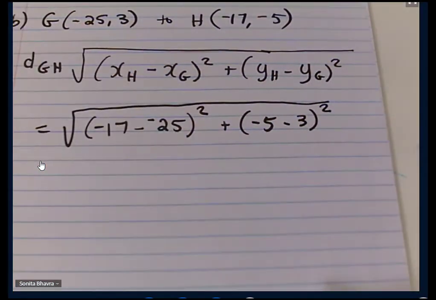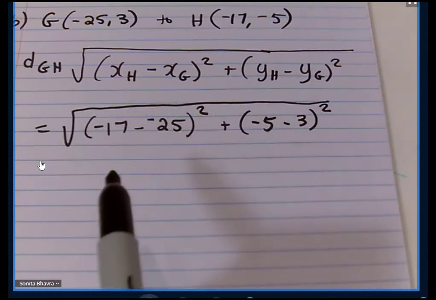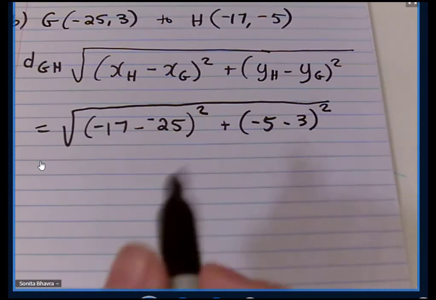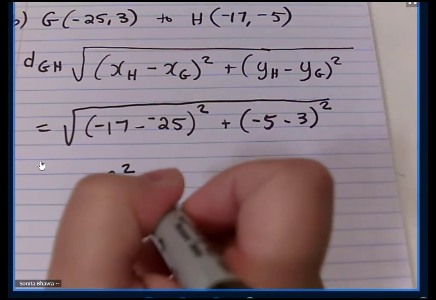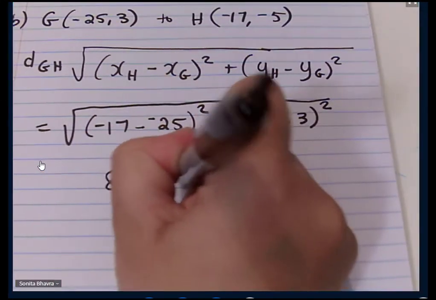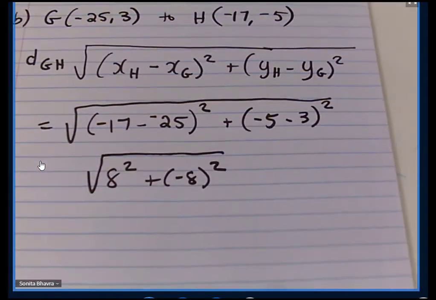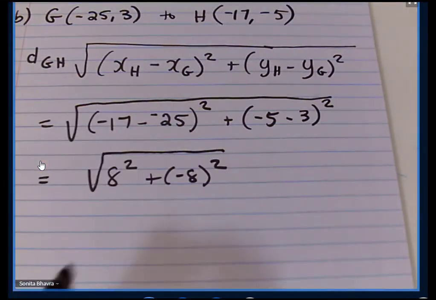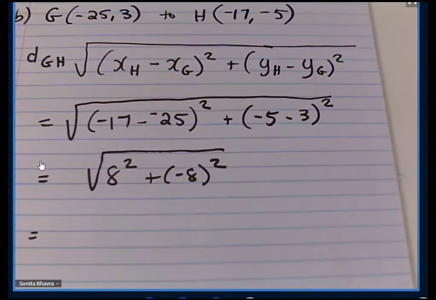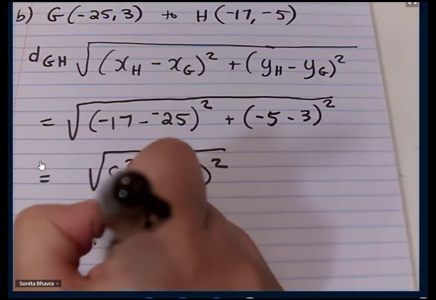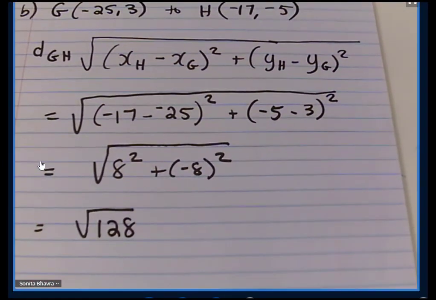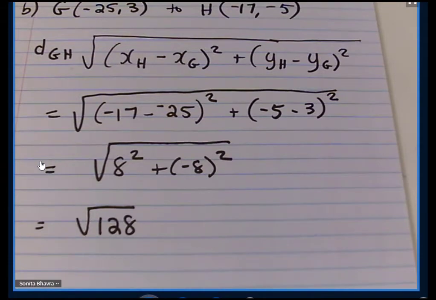Okay, let's continue. You'd put this in your calculator, and that would give you 8 squared plus negative 8 squared, all of that under the square root sign. Put that into your calculator and we get square root of 128. Now since this question has said to find the exact length, that means it's not asking for a decimal answer.